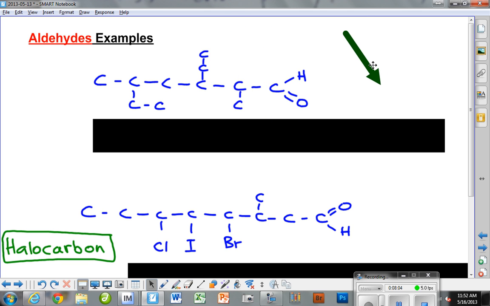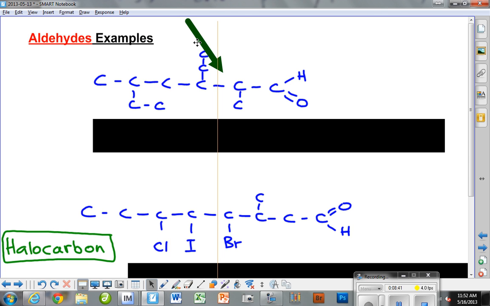Now the thing that is not real obvious about this particular molecule is it looks like we have an ethyl group here and an ethyl group here, when in reality, as we count the chain, if we go 1, 2, 3, 4, 5, 6, we think we have a hexanal, but we don't, because if we count the chain 1, 2, 3, 4, 5, 6, 7, that means that we really have a heptanal.